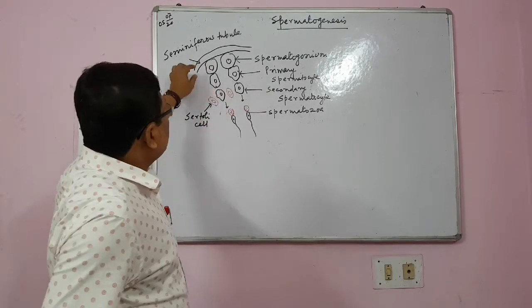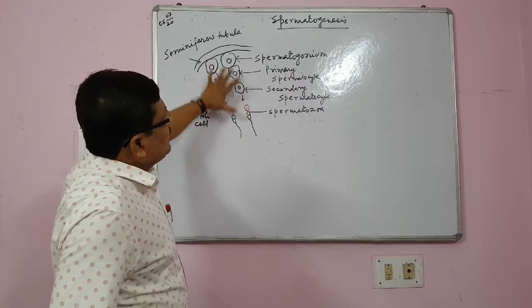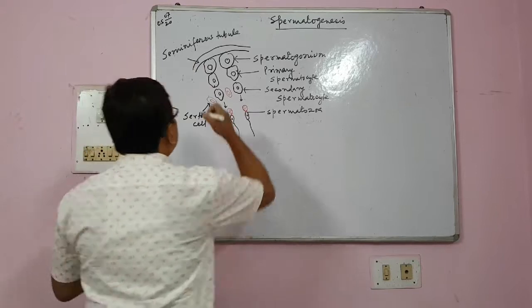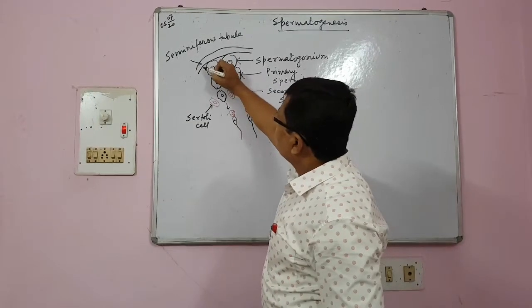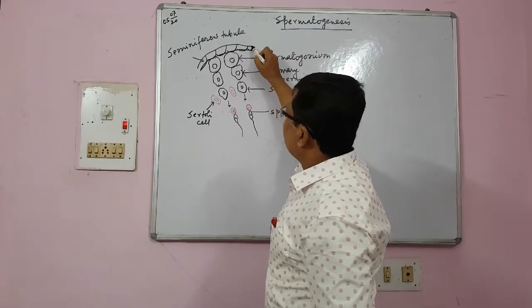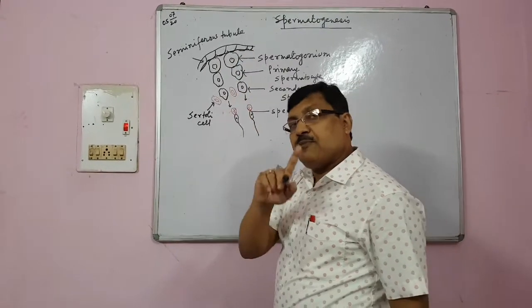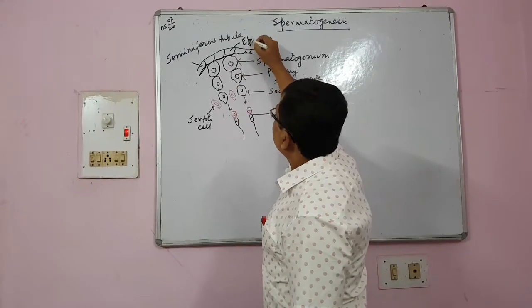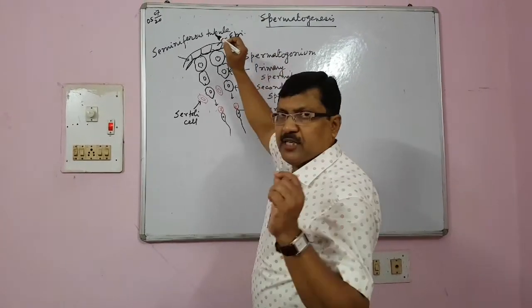So this is the picture of spermatogenesis. In this picture, this membrane is the wall of the seminiferous tubule, which, as we have already discussed, is the epithelial germinal tissue.